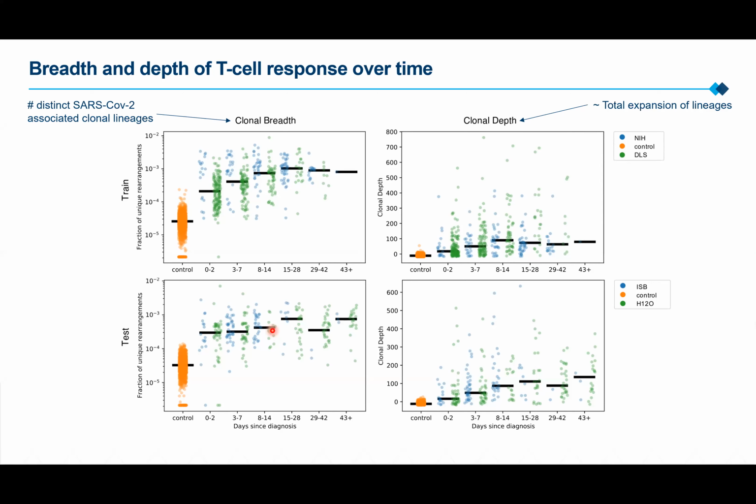Mm-hmm. And do you see any interesting repertoire features that associate with particular viral antigens, such as nucleocapsid versus a receptor binding domain, etc.? In terms of like breadth and depth, or clonality, those sorts of things. Yeah, I think it's an open-ended question in terms of which type of repertoire feature you may have noticed being associated.